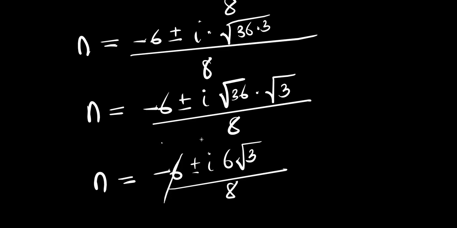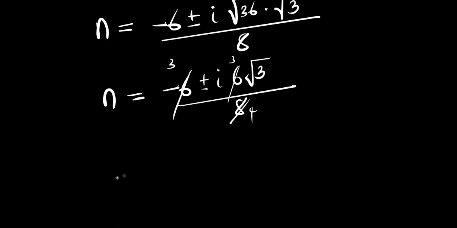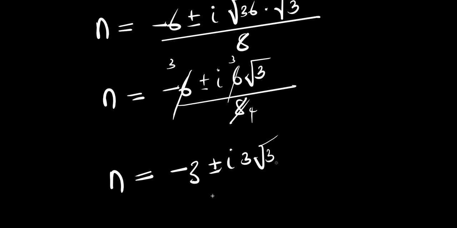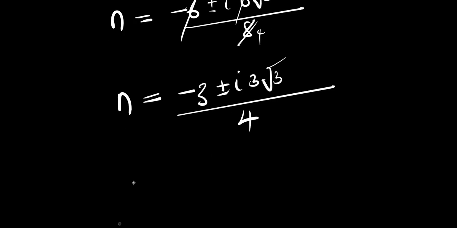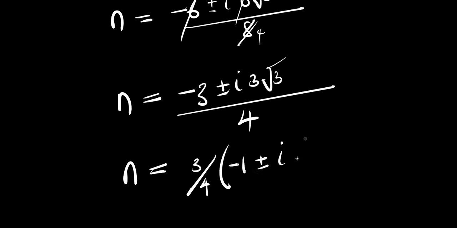So 2 can divide this 6, to divide this 6, to divide this 8. So from here, we can have n equals negative 3 plus or minus i times 3 root 3 divided by 4. So I can factor out 3 over 4. That's n equals 3 over 4 times negative 1 plus or minus i times root 3.